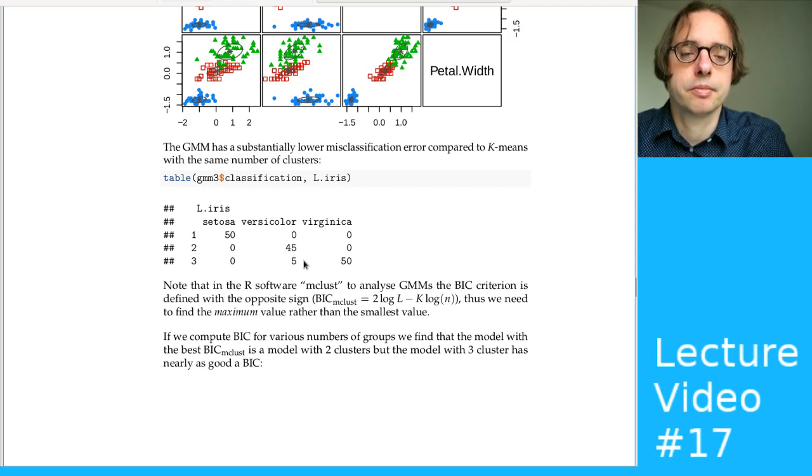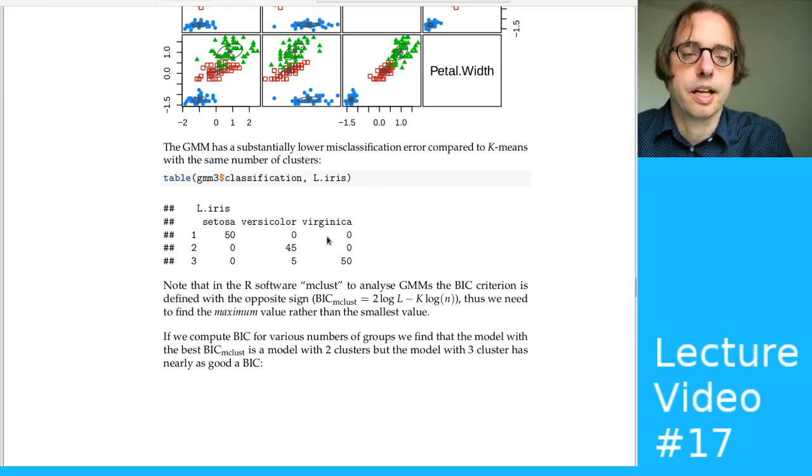It's much better. Only this type of flower is misclassified slightly. Normally it would be 50-50-50. So these are the true classes, and these are the classes that the algorithm thinks are true.